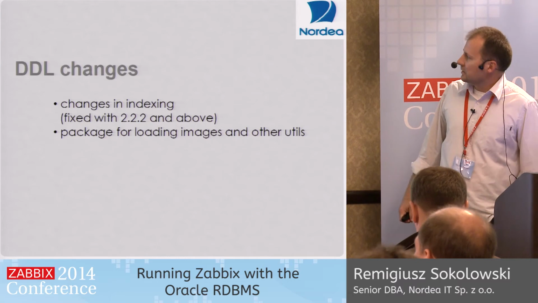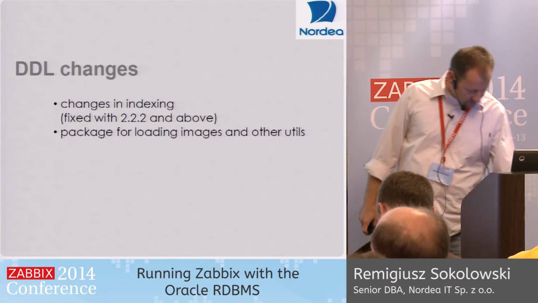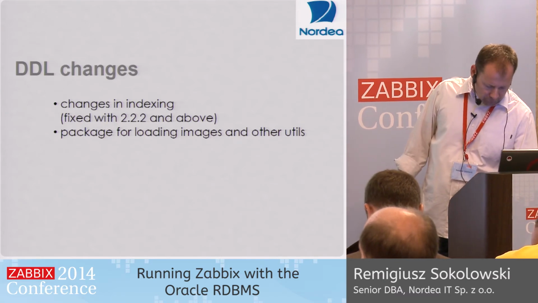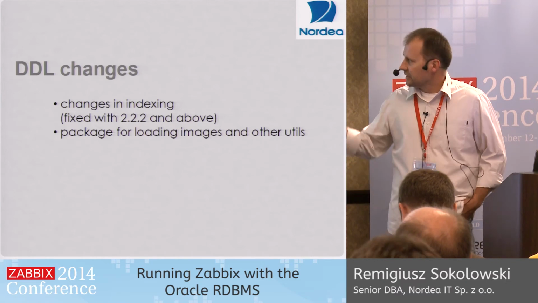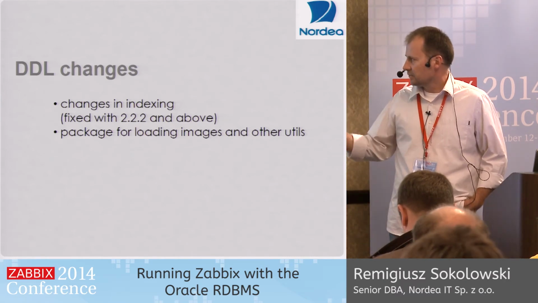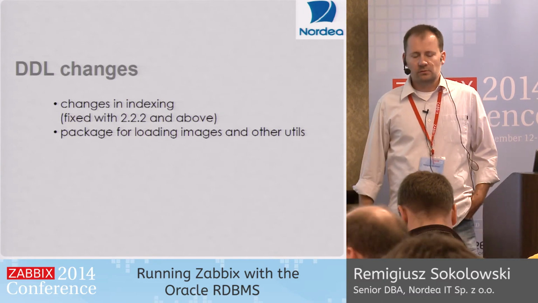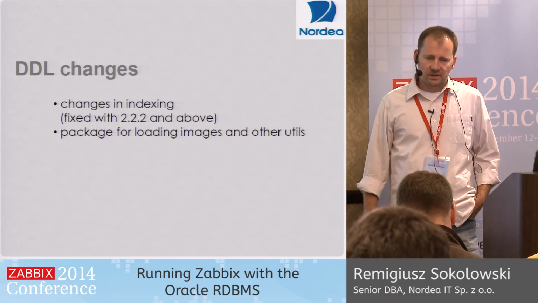There were small changes in DDL, which touch two indexes actually. One was dropped anyway with this fix. Those changes in the indexing are fixed in version 2.2, so this is not so important actually.